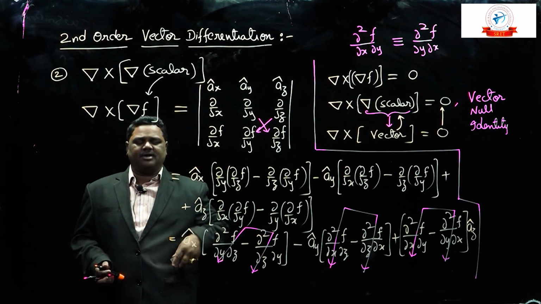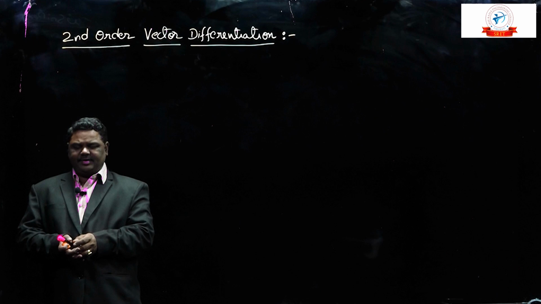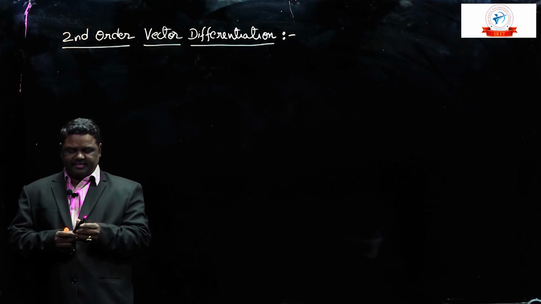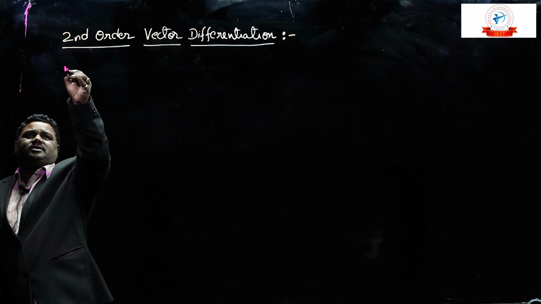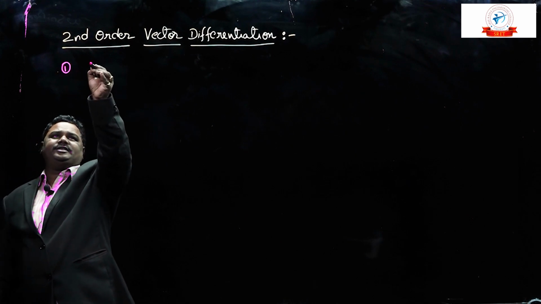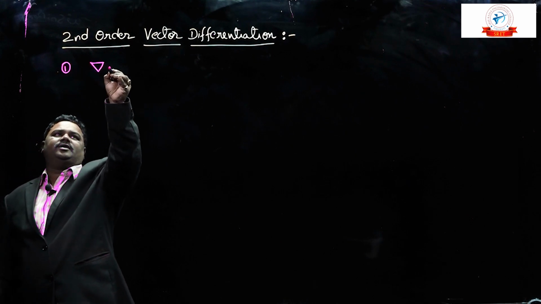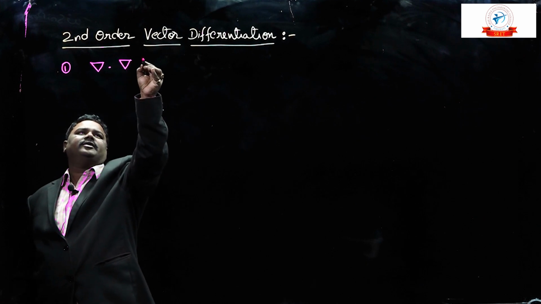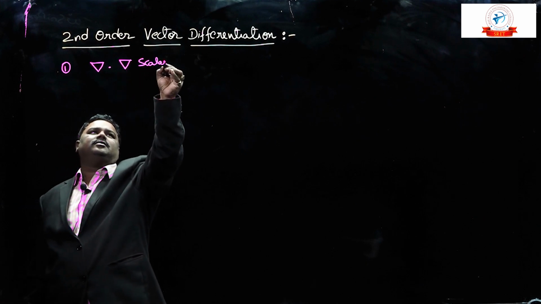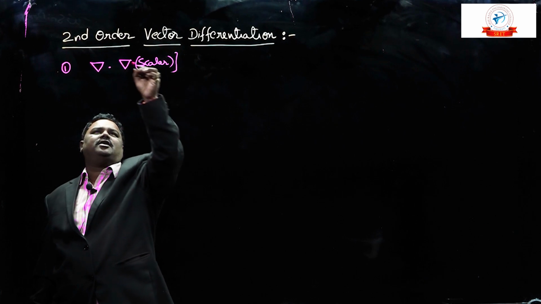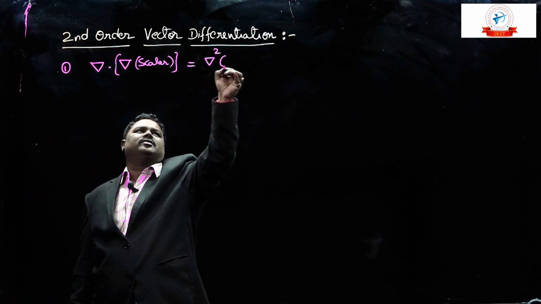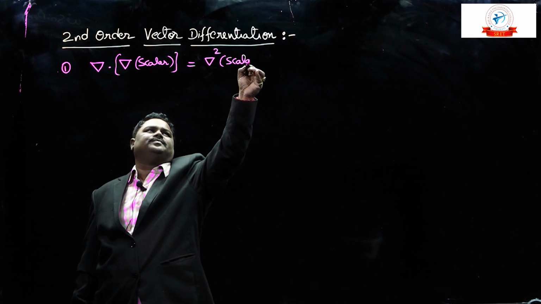Next we go for the third one. So till now we have studied second order vector differentiations. The first second order differentiation we have studied is divergence of gradient of a scalar, which is also called the Laplacian of a scalar.